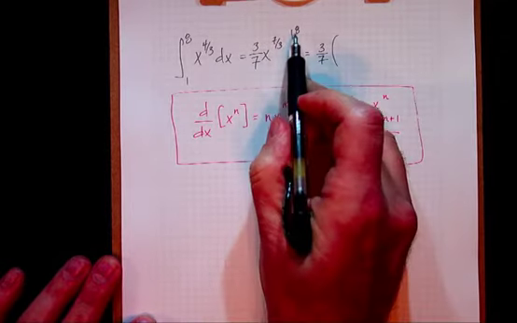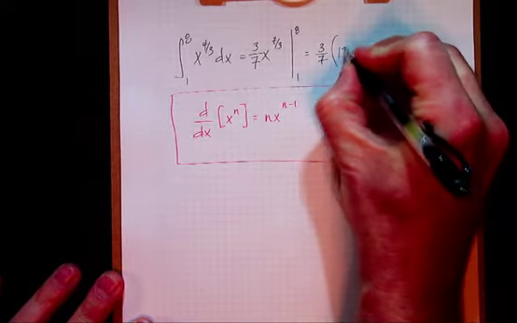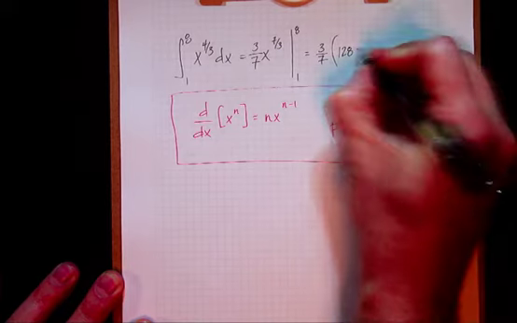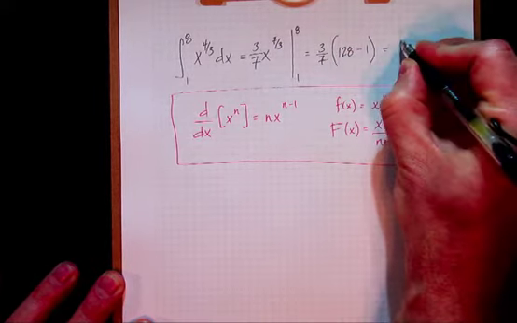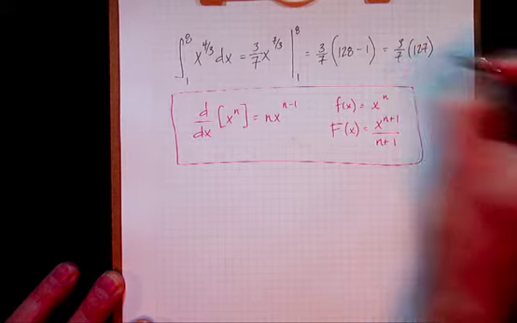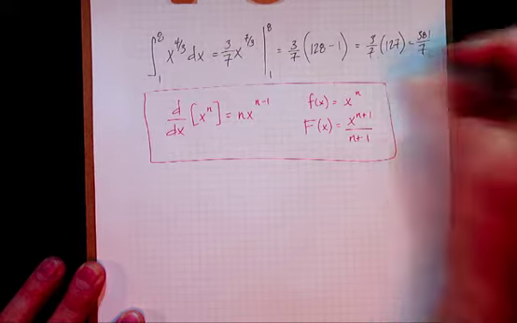If I plug in 8, remember when I have a fractional exponent, that's asking me to do two things. This one is asking me to take the cube root and raise it to the 7th power. Now the cube root of 8 is 2, and 2 to the 7th power is 128. Now when I plug in 1, it's just 1, right? And this winds up being 3/7 times 127, or 381 over 7.